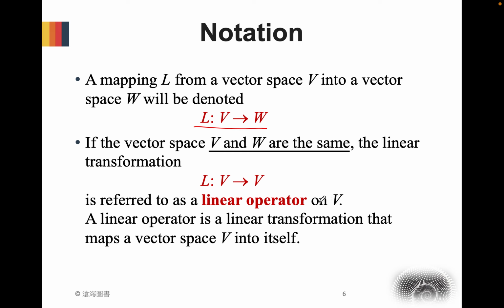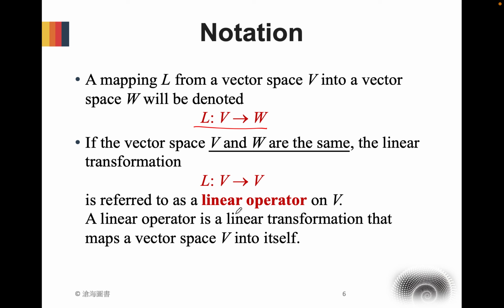When we were in elementary school, the common addition and multiplication are the so-called linear operators on a vector space V. So we will see more examples later. Okay, a linear operator is a linear transformation that maps a vector space V into itself.